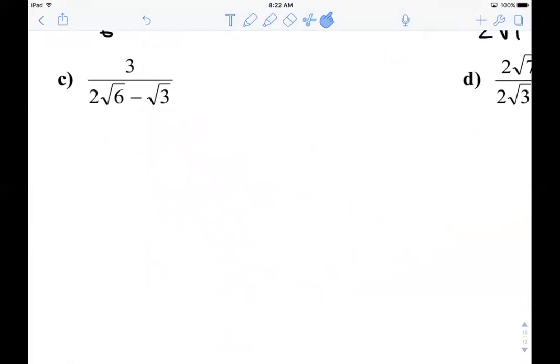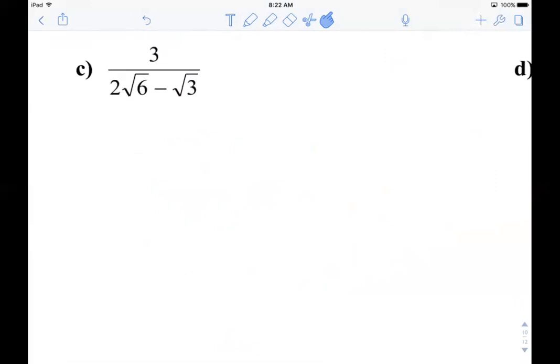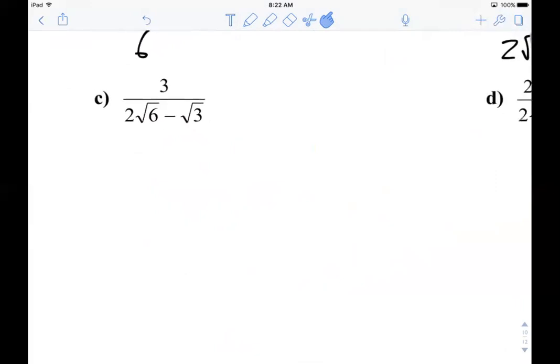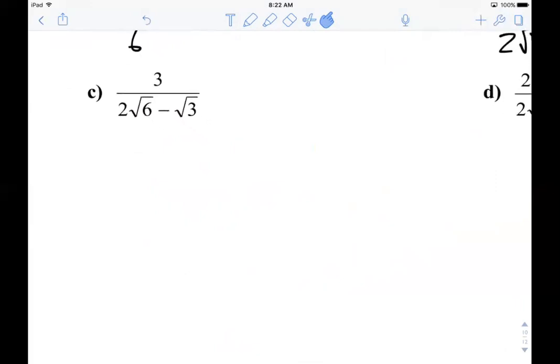Now these last couple, C and D, are very strange looking, where I not only have radicals appearing in my denominator, but there's also 2 pieces that have radicals in my denominator, and they're subtracted. So I'm actually going to make use of a special little fact here.